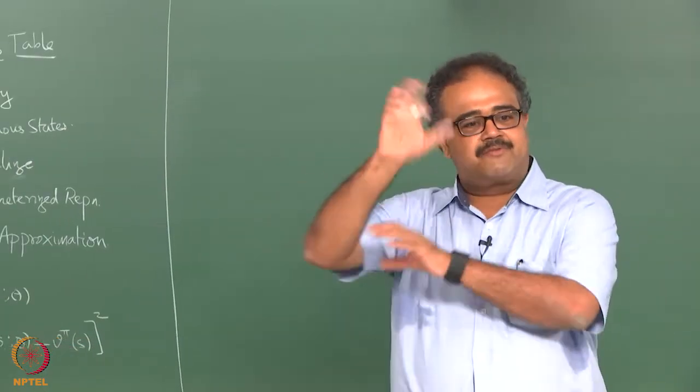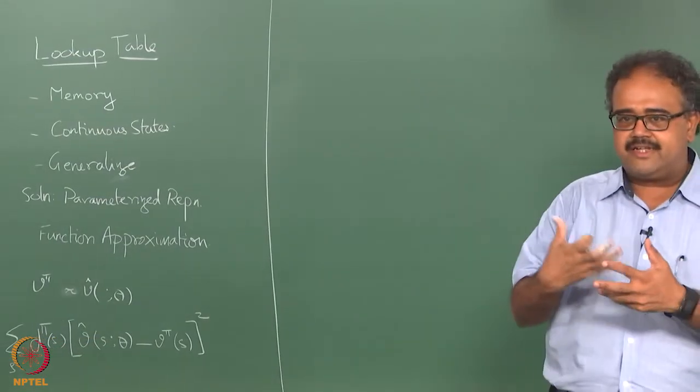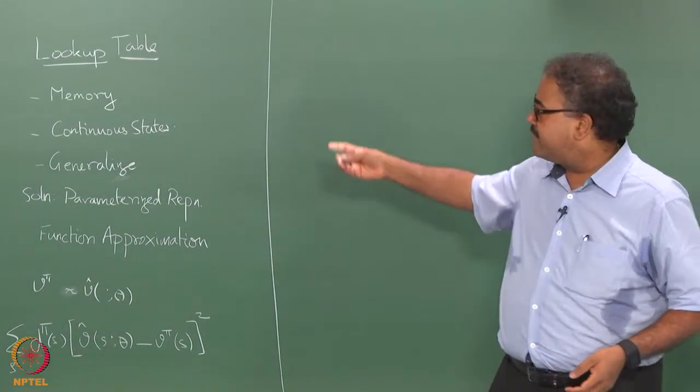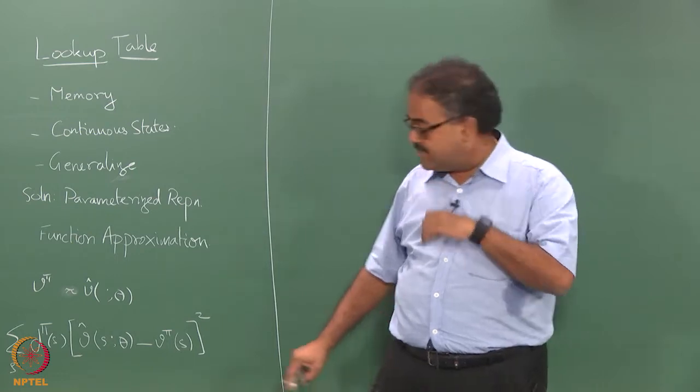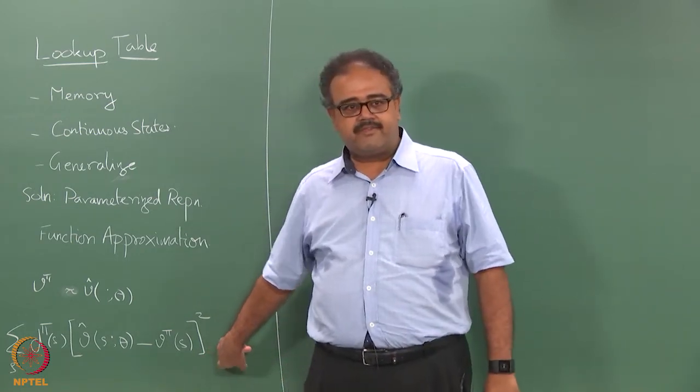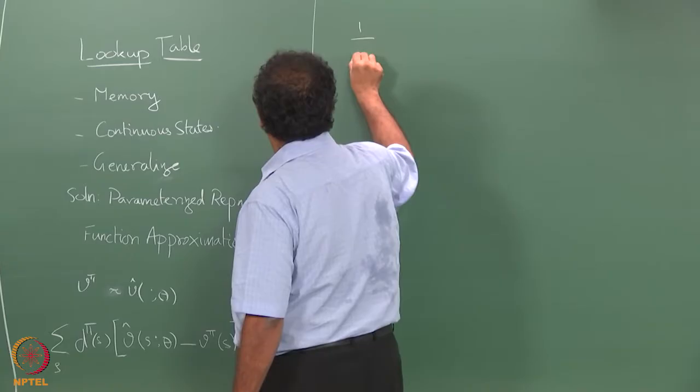So I am just building up, and we have talked about all of these things individually, but you can see that it all hangs together. Even when I am doing functional approximation, this is the thing I want to optimize. So I can do it like this.